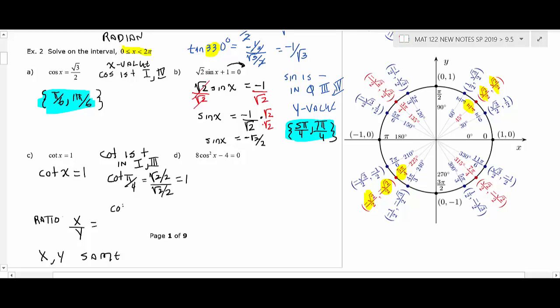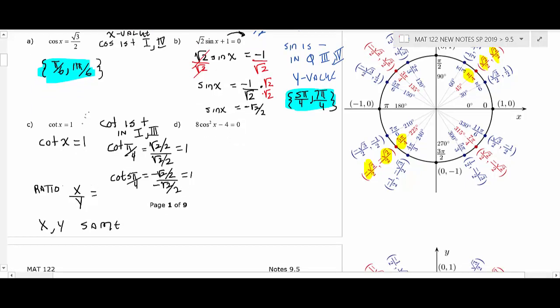And the same thing would happen at the cotangent of 5 pi over 4. You would just have negative root 2 over 2 over negative root 2 over 2, so that would be 1. So that means the answer to this problem is going to be pi over 4 and 5 pi over 4. Okay, so that's an interpretation again on the unit circle. All right?